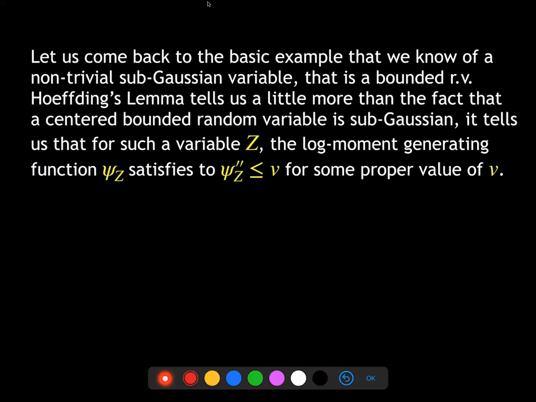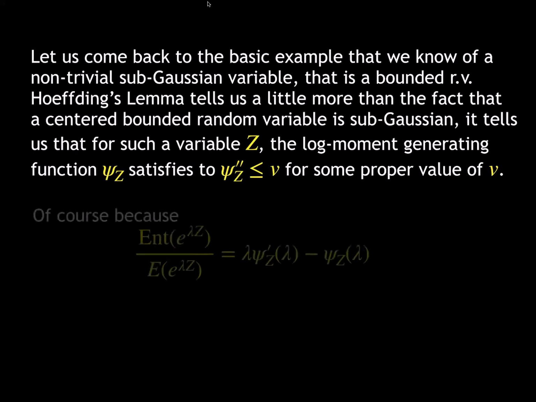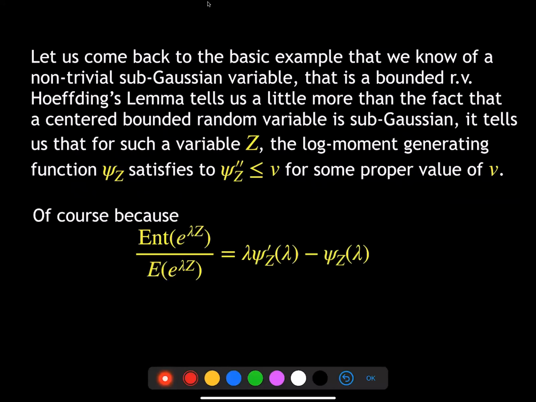It tells us that the second derivative of the log of the moment generating function is controlled by a proper value, this value being, remember, (b minus a) squared over 4. But never mind, it's under control. We have a control on the second derivative.